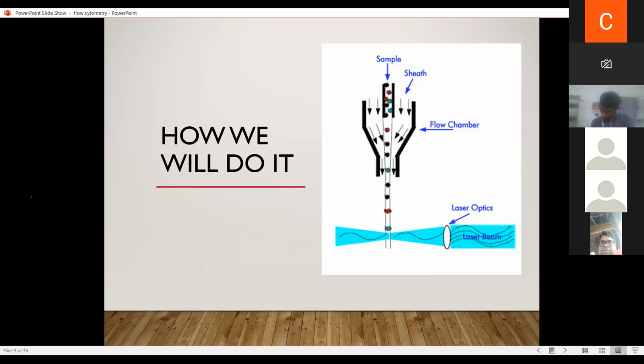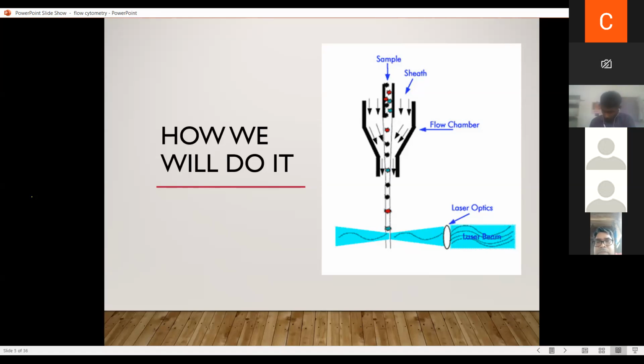So what the sheath fluid is doing here is focusing the sample, or the cells, to move in a single profile. When the cells start moving in a single profile and come across the laser optics, every flow cytometric instrument has a laser optics or a laser beam.